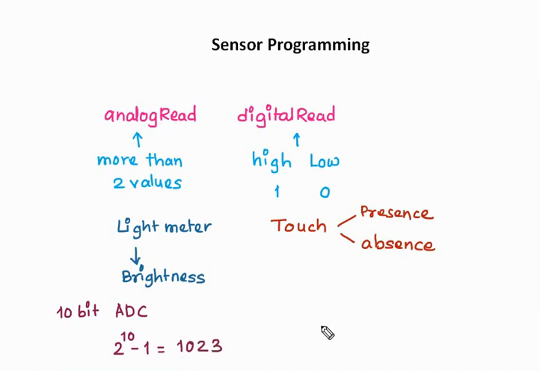If you remember, when we were using the output devices and giving a value as an output, the range for those output devices was 0 to 255, because our microcontroller is an 8-bit processor. But for the input devices, when we read the values, the range is 0 to 1023.